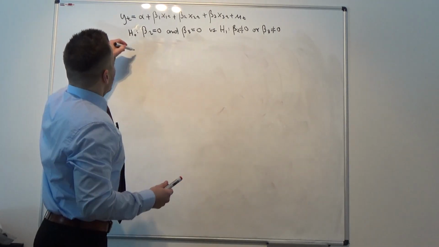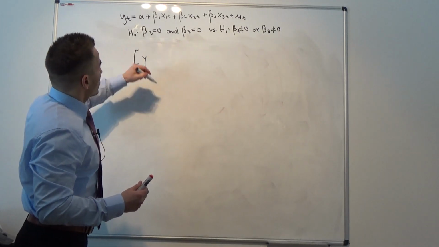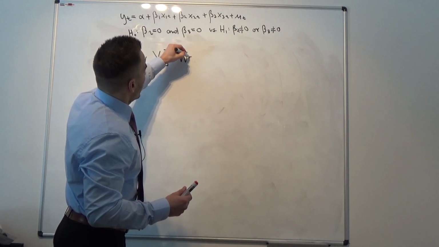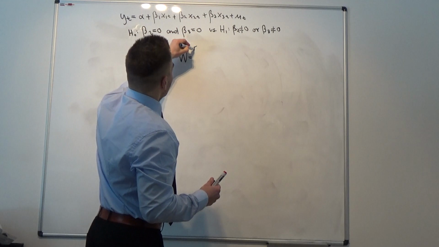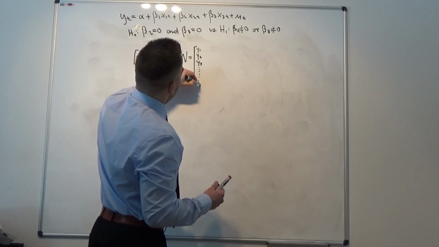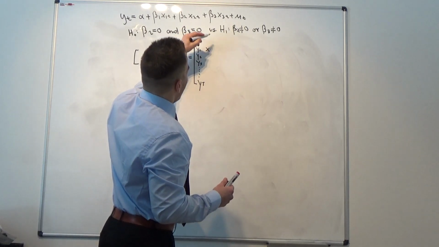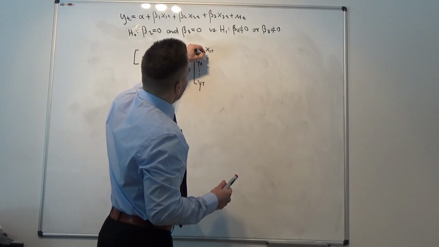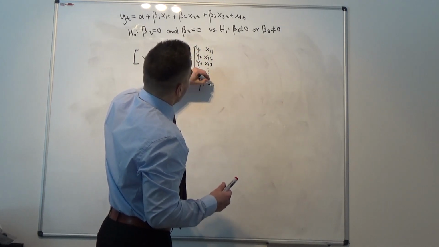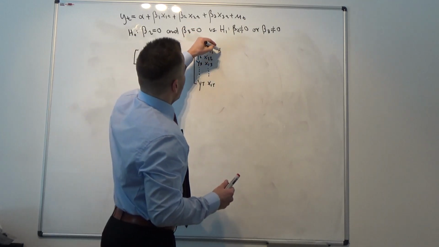Well, we can define a matrix. We put the vector of our dependent variable y and our regressor matrix x into a matrix. Let's call this matrix W. If this is our model here, then our W is defined as follows: the first column is simply the vector of dependent variables y1, y2, y3, and so on. In the next column, we have x11, x12, x13 until x1T.